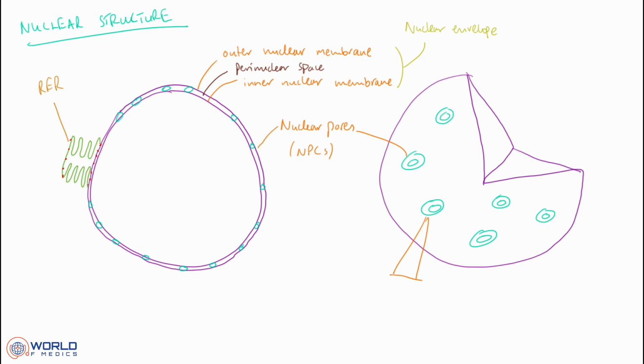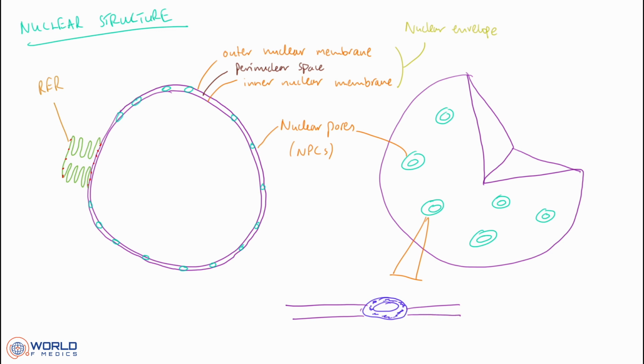So let's zoom in on one of these. We've got the inner hole, if you like, and this outer ring. Now this outer ring is composed of about 30 different proteins. And remember, this is in between the inner and the outer nuclear membrane.